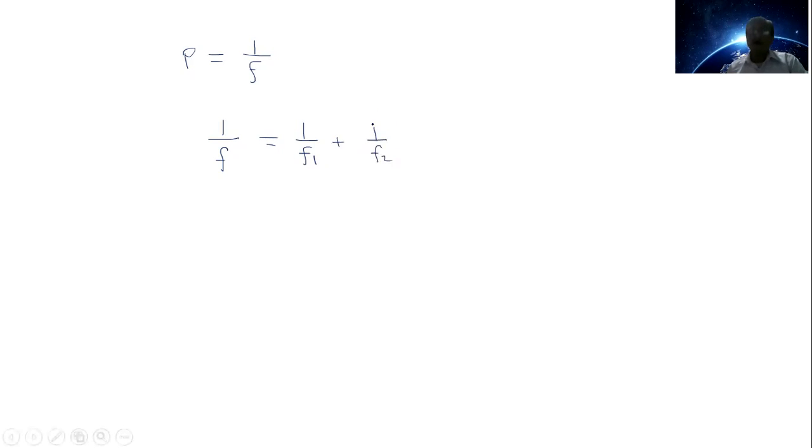Then how can we find out the power of this combination? आपल्याला या कॉम्बिनेशनची पॉवर फाइंड आउट करायची. 1 upon F means we take the equivalent power, P is equal to 1 upon F1, that we can consider as P1, plus 1 upon F2, that is P2. In this way we can find out the equivalent power.